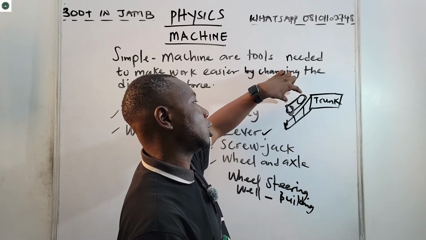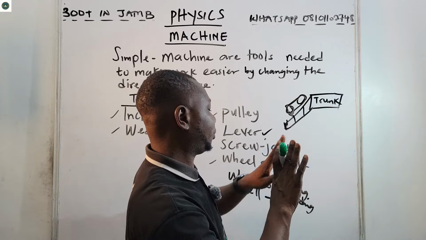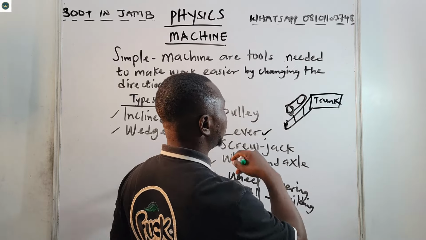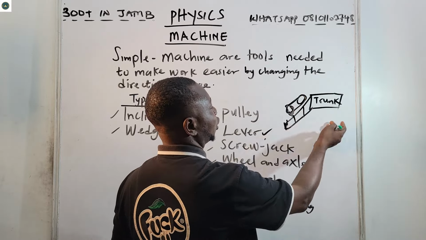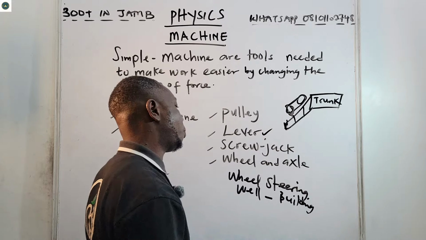So the drum containing diesel can be rolled downward, or while trying to load the truck, can be rolled upward.